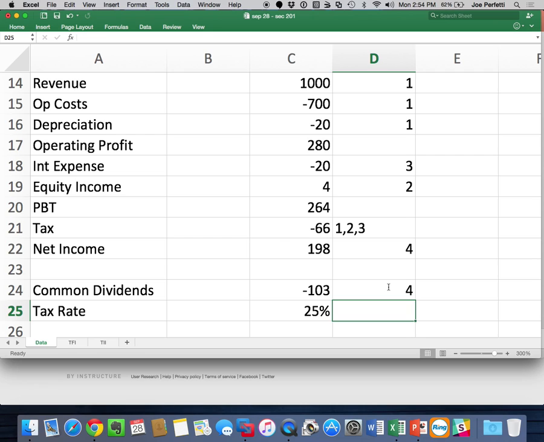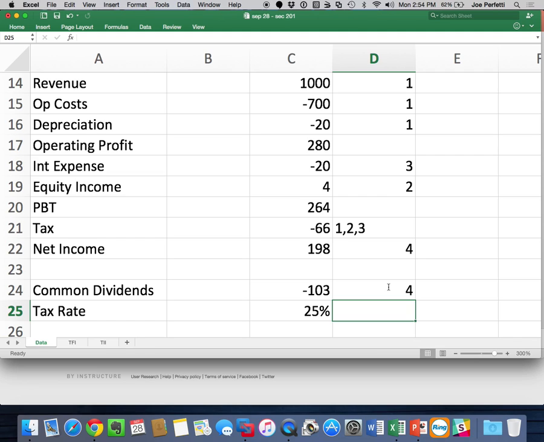So when you do TII, you actually stop at net income. Okay? So that'll be very important. Right? So if you tried to balance the statement with dividends, it won't balance. Now, when we get to the cash flow statement, we'll need the dividends for the cash flow, CFI. Right? But for purposes of TII, we actually stop with net income or net profit.